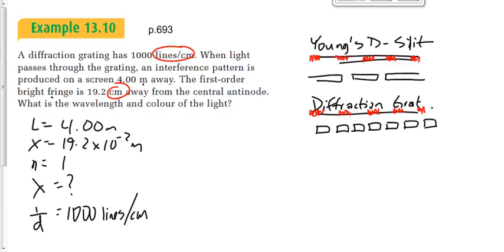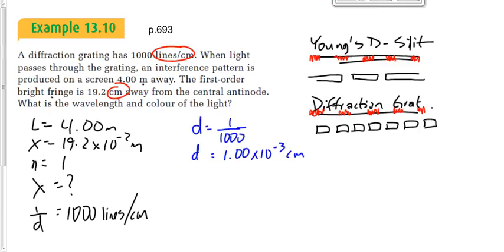So the first thing that I want to do whenever I have a question that involves a diffraction grating, it says lines per centimeter, 1 over d, is get d. Make sense what I did there?